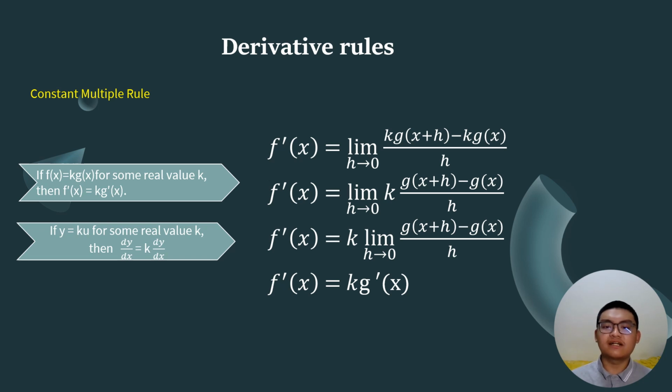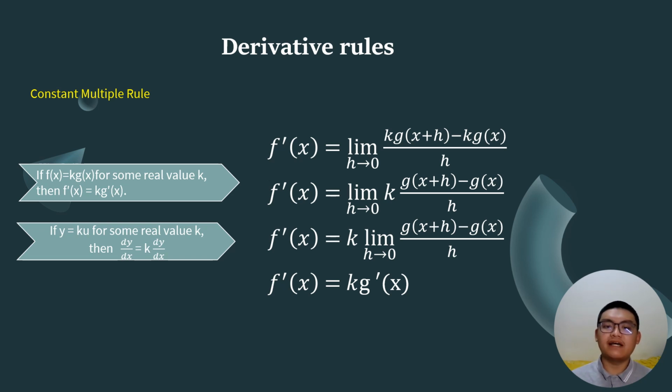Since k is a constant, we can take it out of the limit. f prime of x equals k times the limit as h approaches 0 of the fraction g of x plus h minus g of x over h.